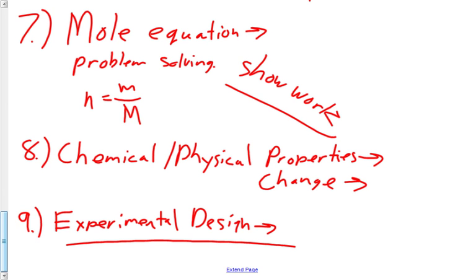For the written response, there are 1, 2, 3, 4, there are 6 written response items. Now, several of those have A, B, C, D, E, F, G. Well, it's balancing. The balancing question has A through G because it's 7 reactions to balance.